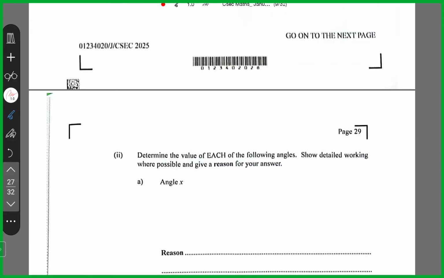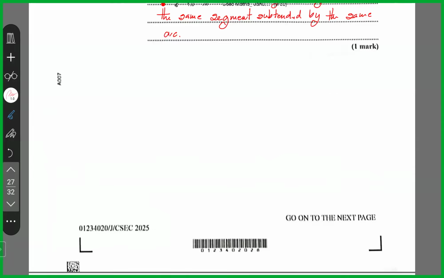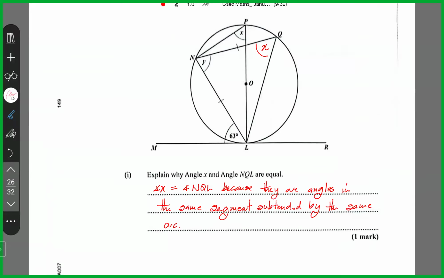We're to determine the value of each of the following angles, show detailed working where possible, and give a reason for your answer. Angle X. What's the size of angle X?